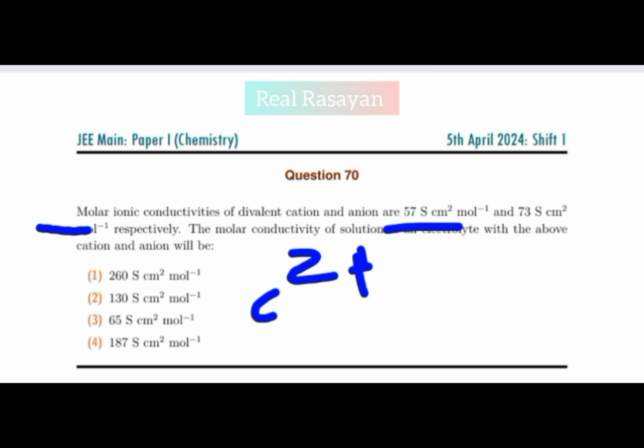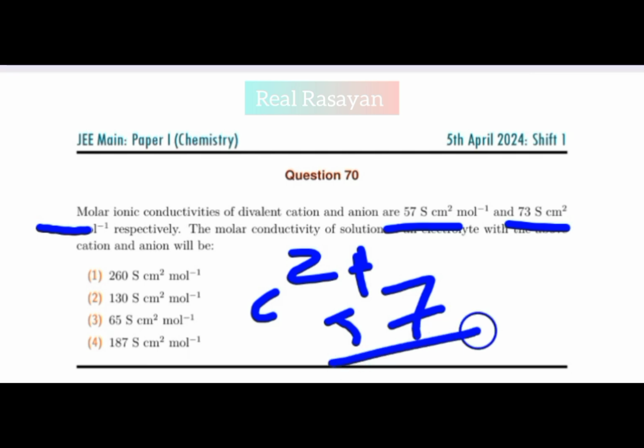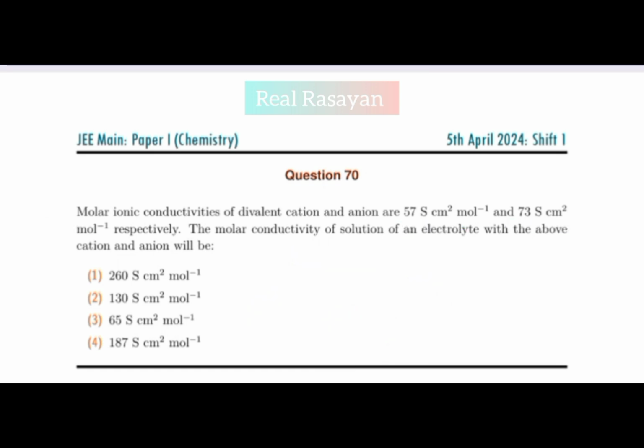The molar conductivity of the cation is 57 Siemens centimeter square per mole, and the molar conductivity of the anion is 73 Siemens centimeter square per mole. So what will be the molar conductivity of a solution of an electrolyte with the above cation and anion?